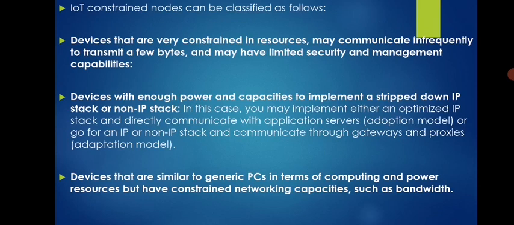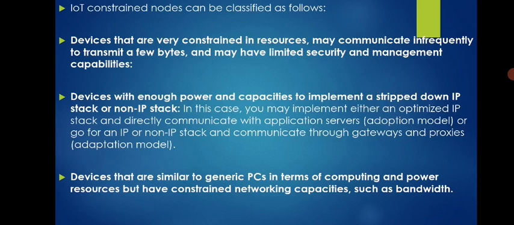Then second: devices with enough power and capacity to implement a stripped-down IP stack or non-IP. So the second variety is what? We have complete resources on our devices, and we have an IP stack or a non-IP stack.